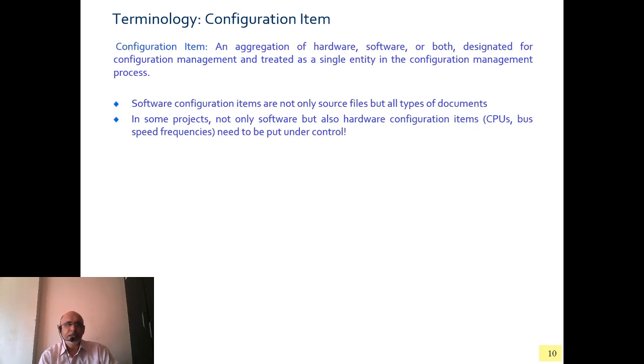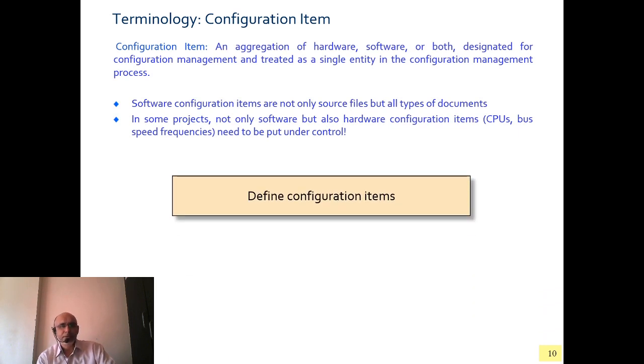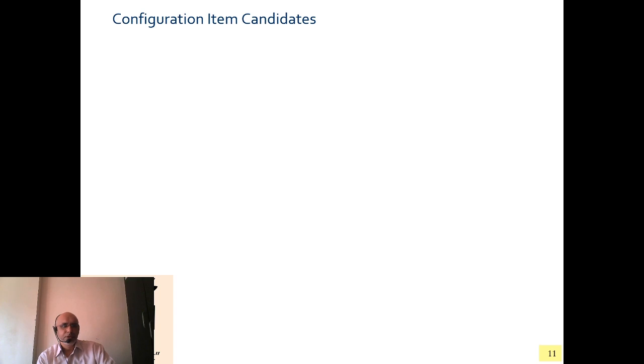So, CI is an aggregation of hardware, software or both, designated for configuration management and treated as a single entity. Just see to it. Unless and until we visualize the CI list, we might not be able to understand what exactly the CI list is according to the software. So define the configuration items. Who can be the configuration items?